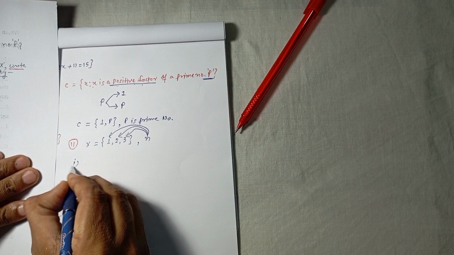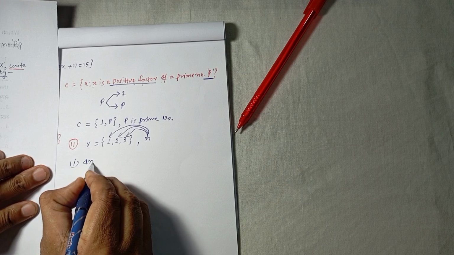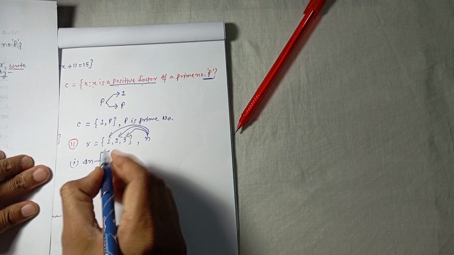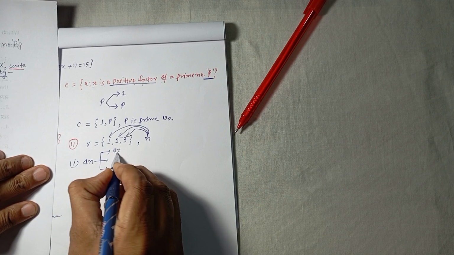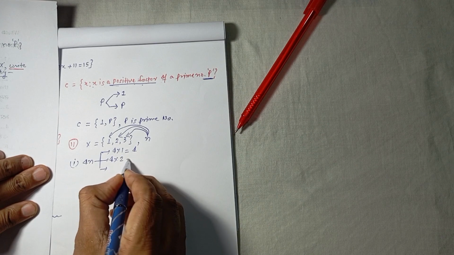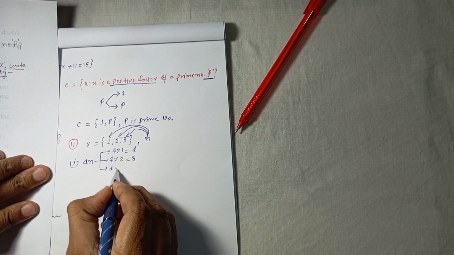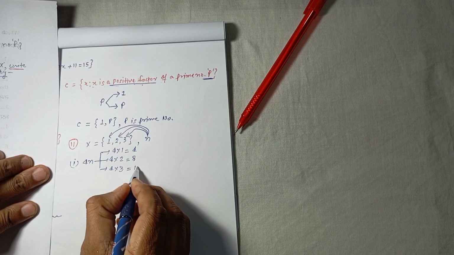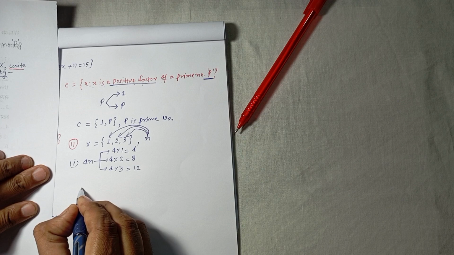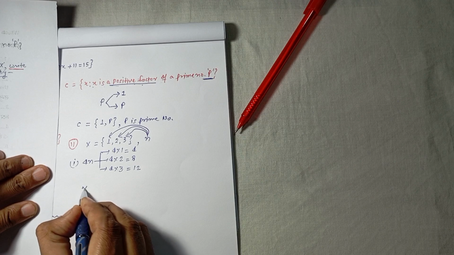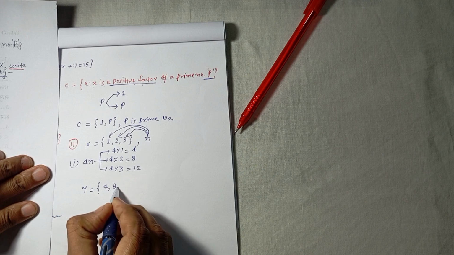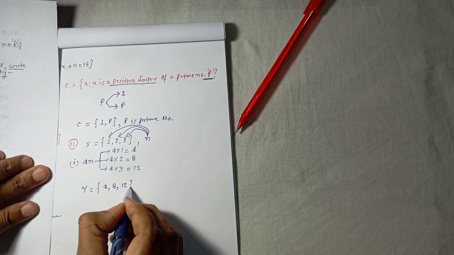So in the first part, 4n will have 3 values. First one is 4 into 1, 4; 4 into 2, 8; 4 into 3, 12. So in the first case the set can be written as {4, 8, 12}.